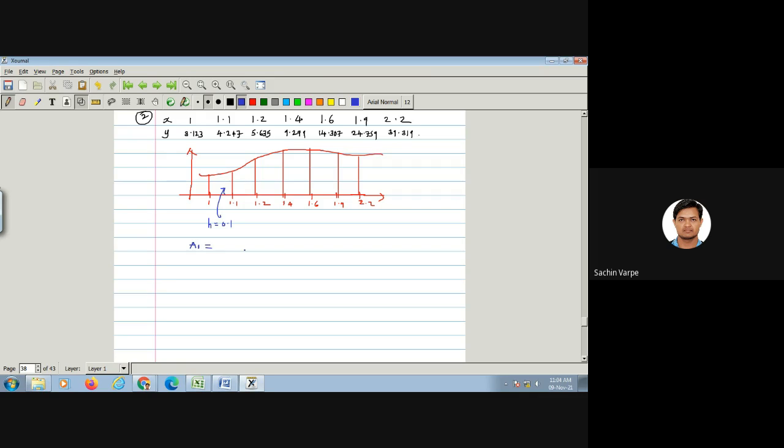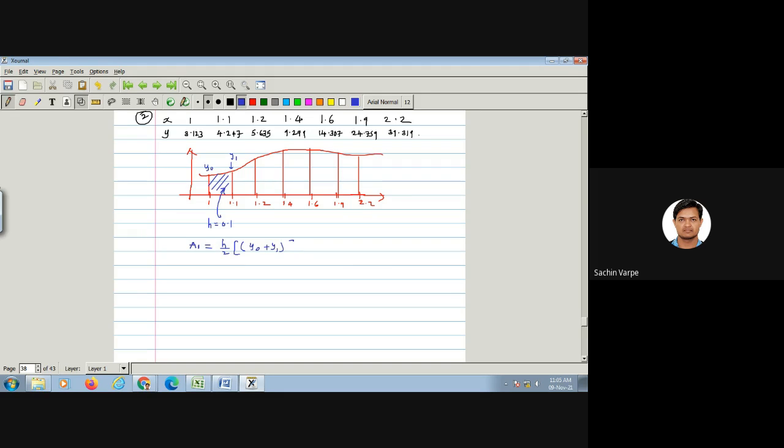What is the formula of the trapezoid? The formula is h by 2 into the sum of the first and last ordinate. What is my first ordinate here? This is y0, and this is y1. So y0 is the first and y1 is the last ordinate because I'm considering only this as a strip for the area. So y0 plus y1.